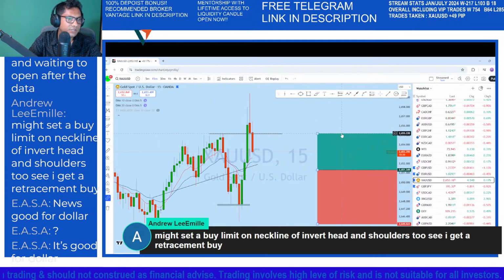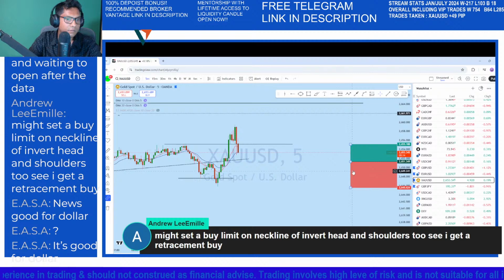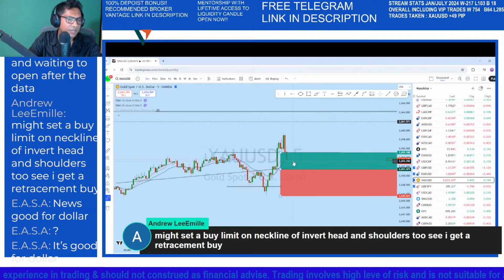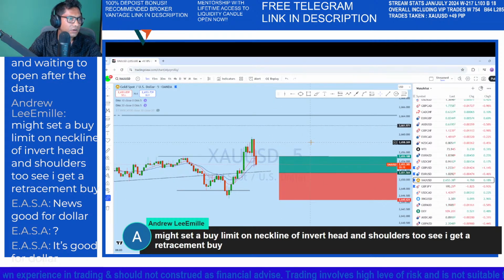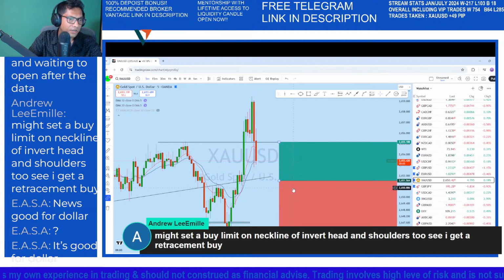Okay, so you can see the market. This is the 5 minutes, very big drop here.